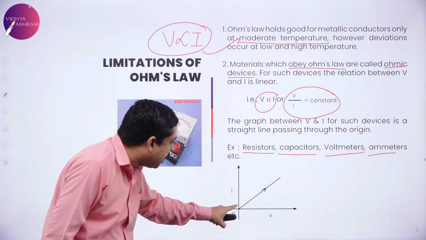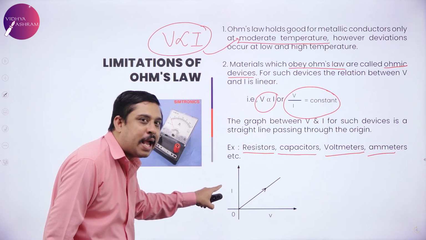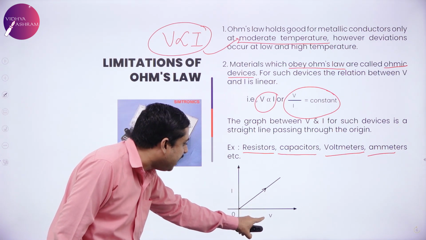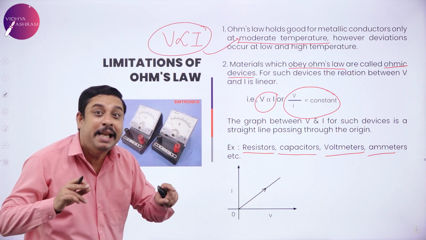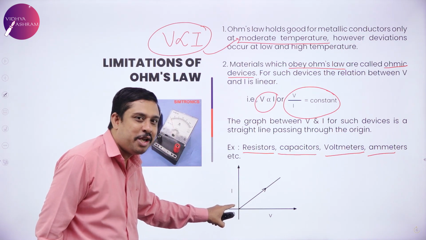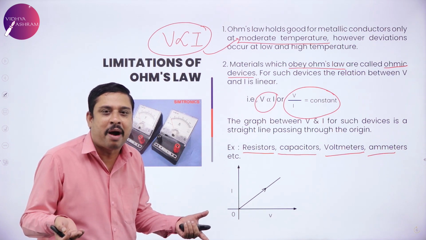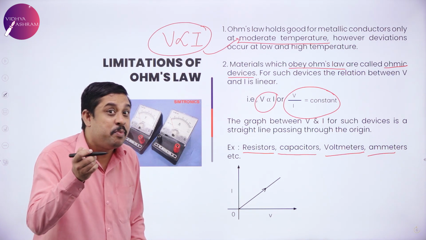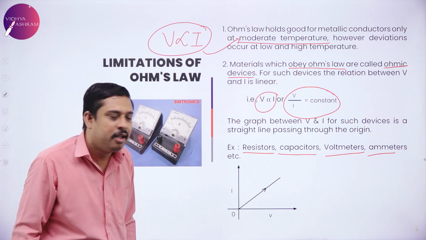See, voltage along the x-axis, current along the y-axis. Independent quantity, dependent quantity. Current depends on potential. If the potential is 0, current is 0. If no potential is applied, there may be stray charges, negligible current.